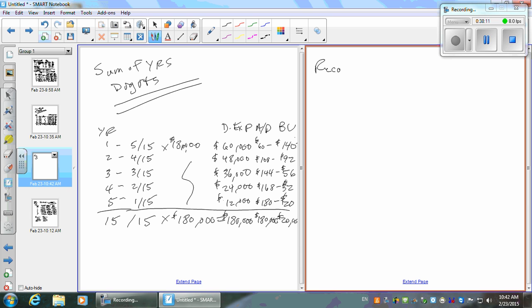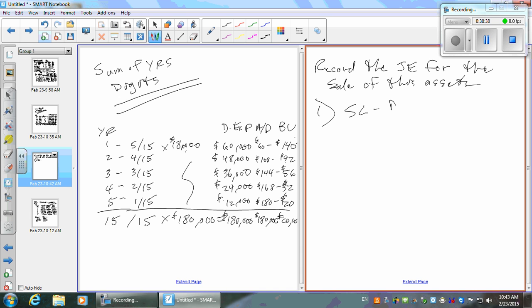record the journal entry for the sale of this asset. Okay? And first, let's use straight line depreciation.